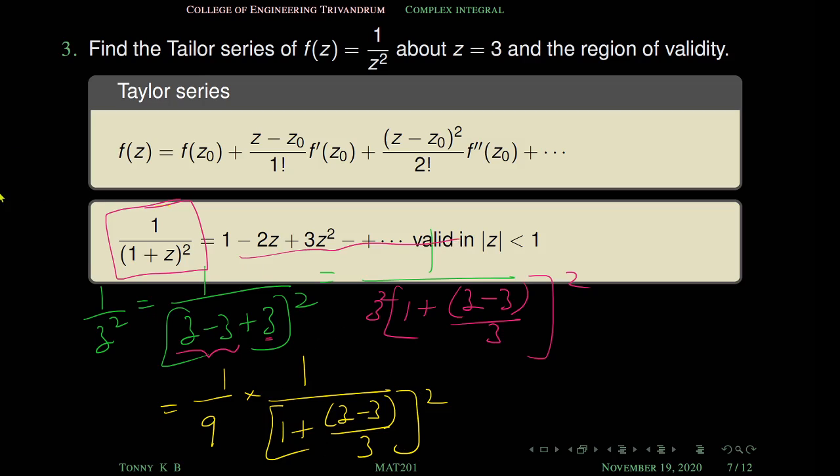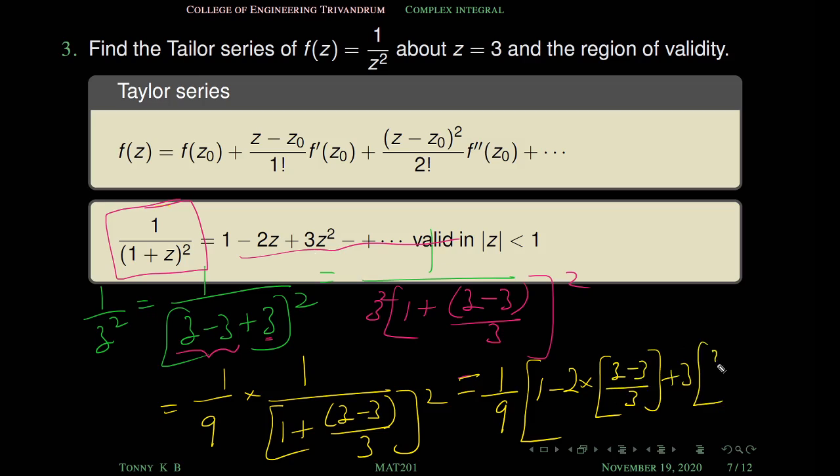So what happened? 1 minus 2z plus 3z square. So this is equal to 1 by 9 times 1 minus 2 times z minus 3 by 3, plus 3 times z minus 3 by 3 whole square, minus plus etc. Right.